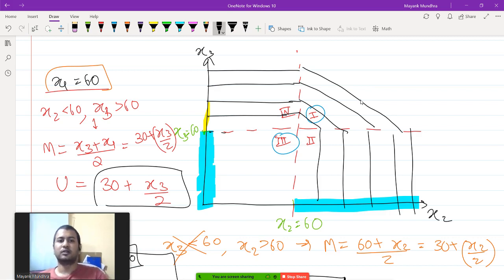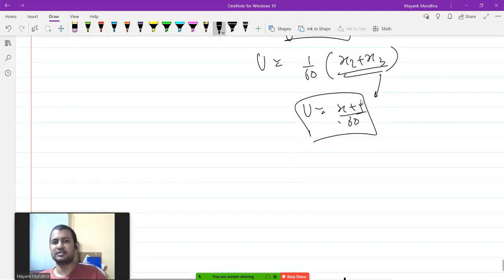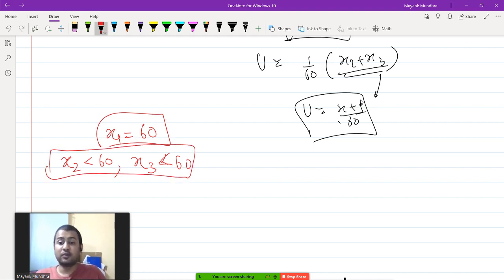Now the final situation is both x2 and x3 less than 60. So x2 is also less than 60 and x3 is also less than 60. Remember, x1 was equal to 60. Now which one will you drop off? That will depend on which of x2 and x3 is going to be smaller.